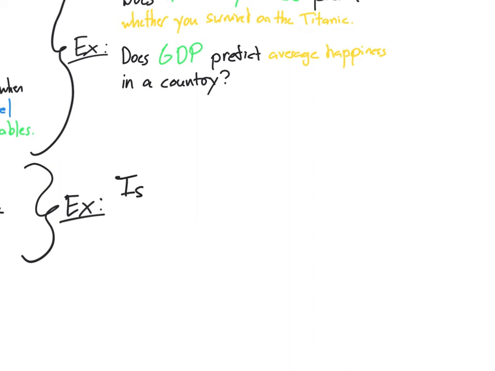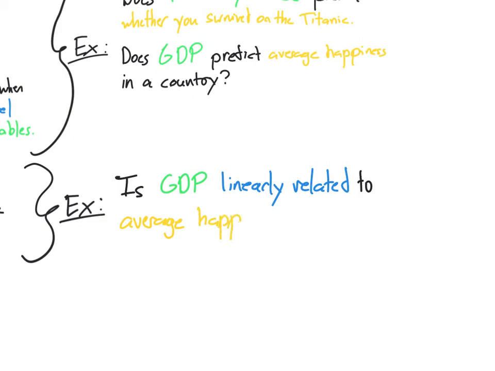Is GDP linearly related? So does the relationship between GDP and average happiness look like a line? So is GDP linearly related to average happiness?